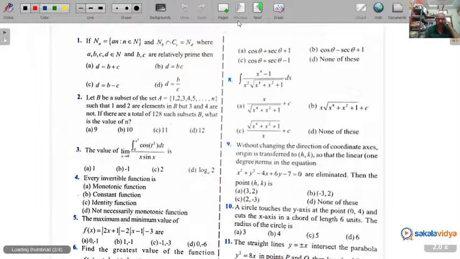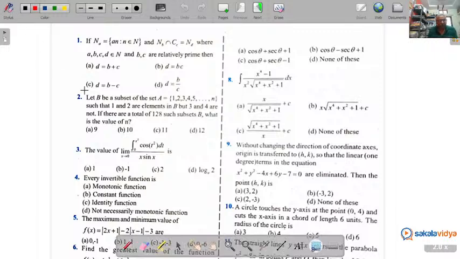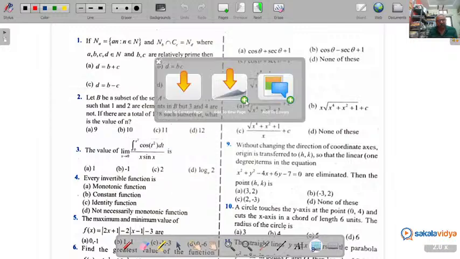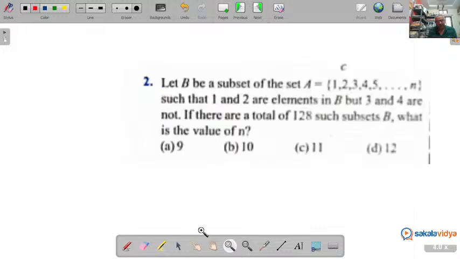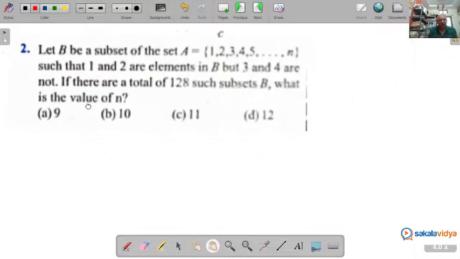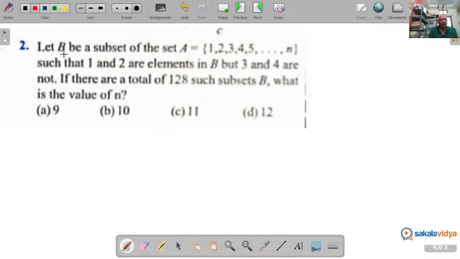So let us move to the second question now. See, second question. Let B be a subset of a set A equals 1, 2, 3, 4, 5 and so on n, such that 1 and 2 are elements in B, but 3 and 4 are not.